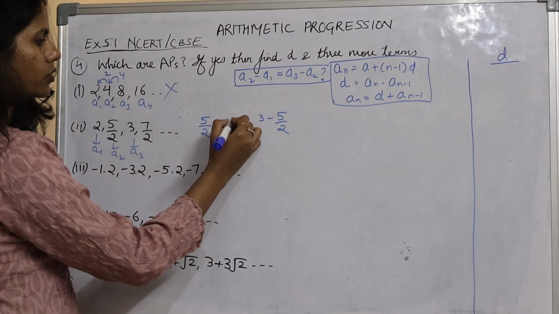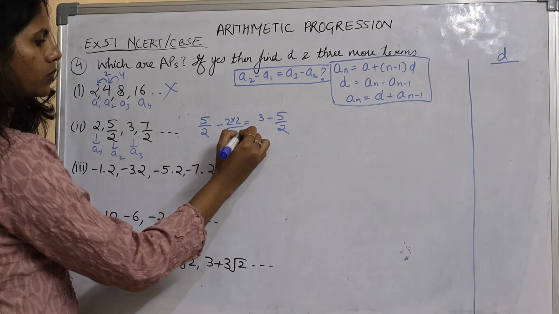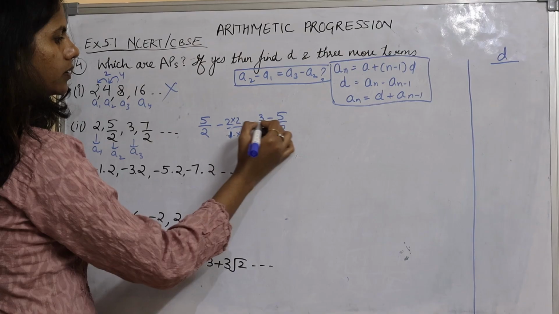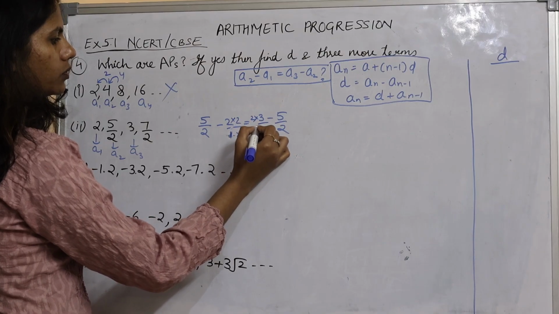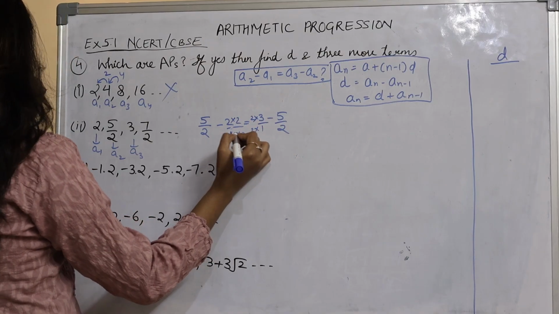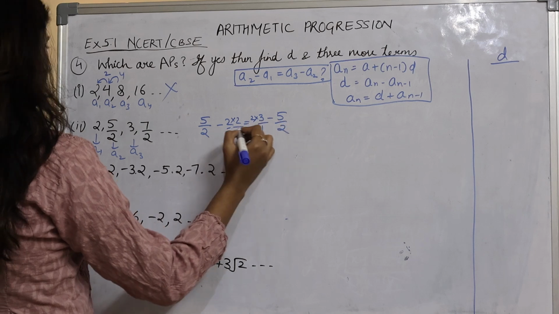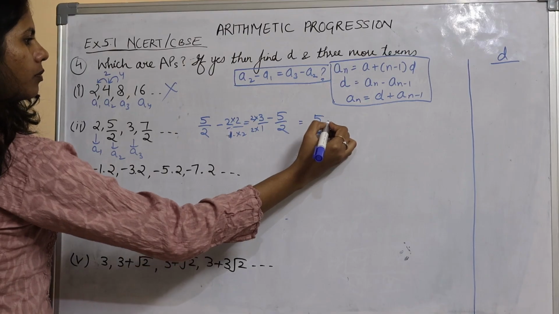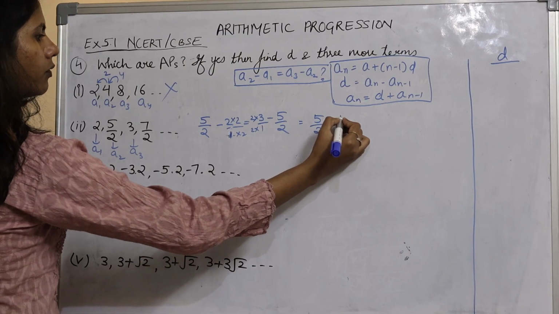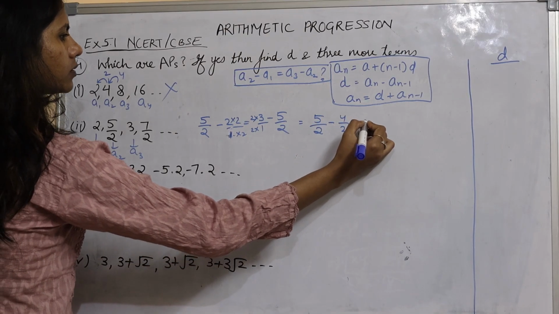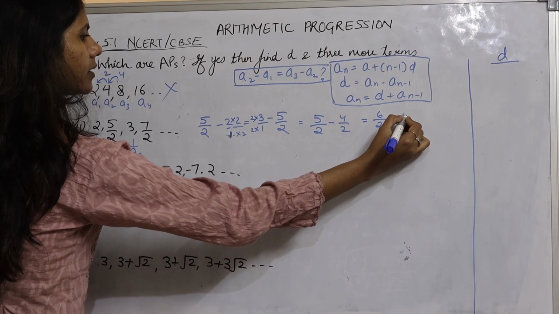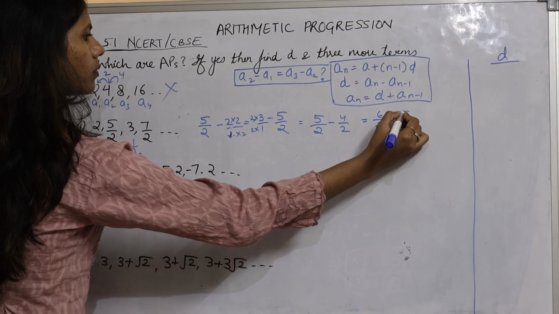Let's find out. 2 is 4 by 2, so 5 by 2 minus 4 by 2, and right side will be 6 by 2 minus 5 by 2.